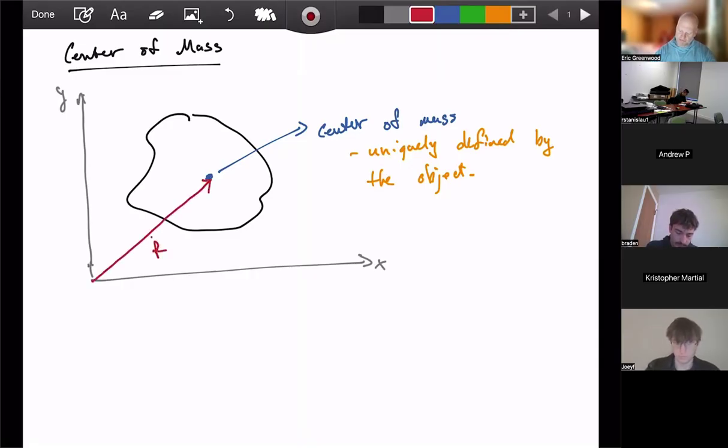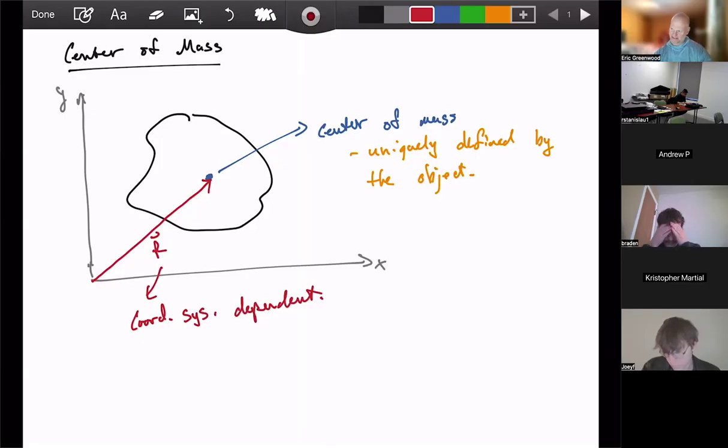Even though the center of mass is uniquely defined, the location of the center of mass according to the coordinate system will be coordinate system dependent. Different coordinate systems will have different locations, but the location on the object itself will always be the same because it depends on the actual object.